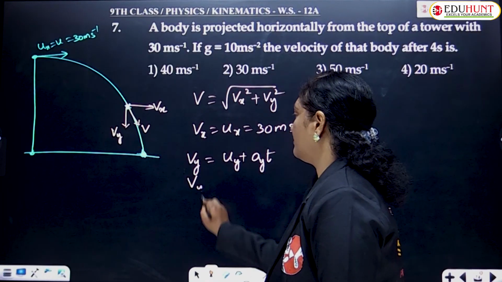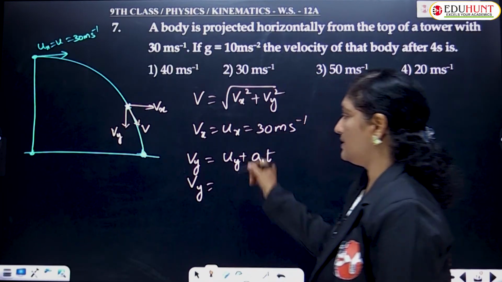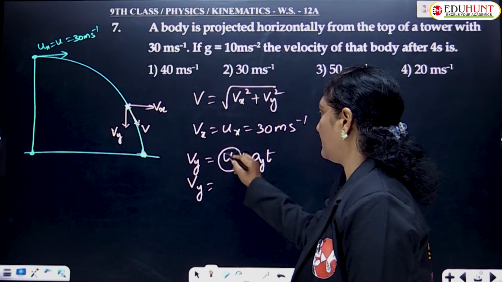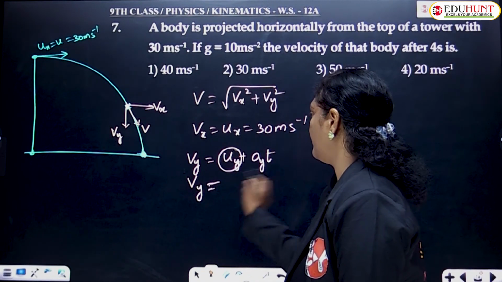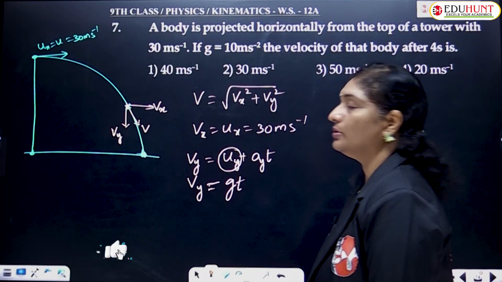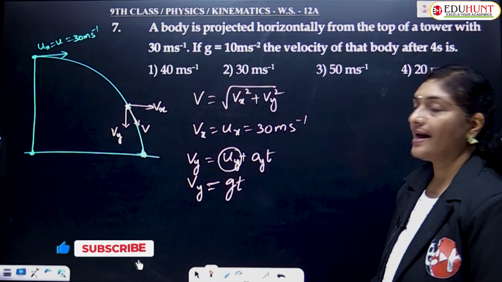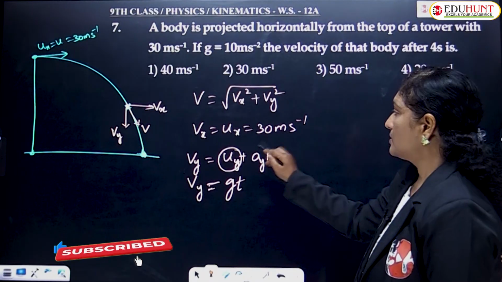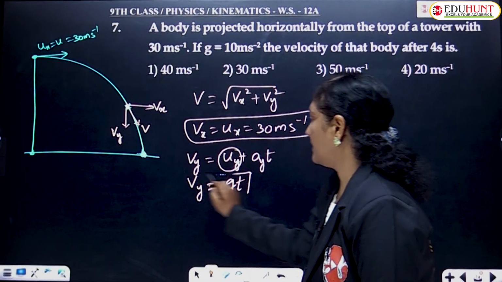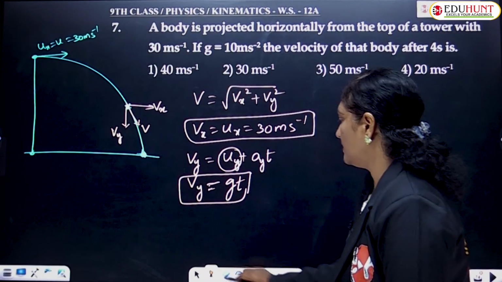Hence Vy, the vertical velocity: the initial velocity is 0, freely falling, so this will vanish. Hence the value of Vy is taken as, instead of Ay, we replace it with g into t. Vertical motion acceleration is replaced with g. So we have the value of Vx as 30 meters per second and Vy as g t.